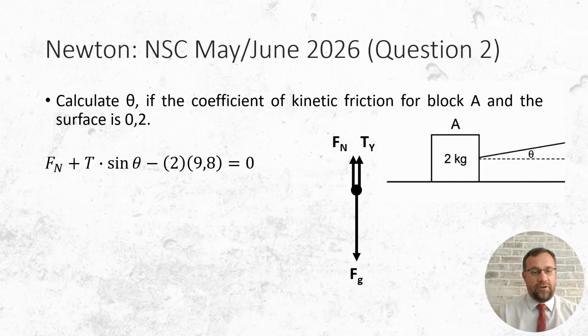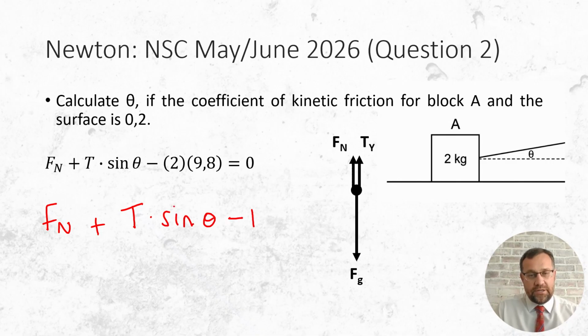This simplifies further to Fn plus T times sine theta minus 19,6 newtons, and that is equal to 0. We refer to this as equation number 1.